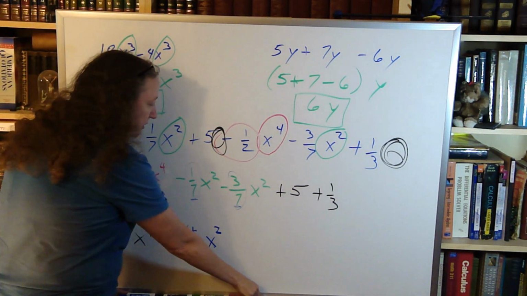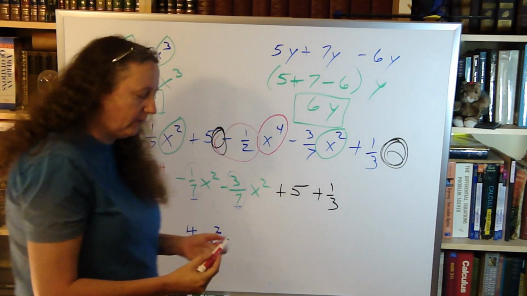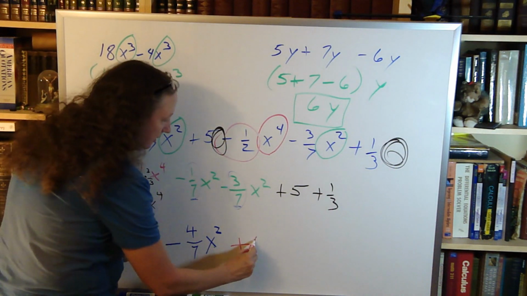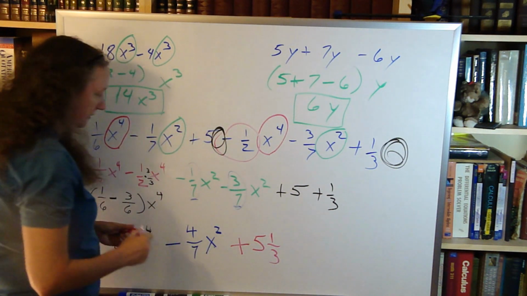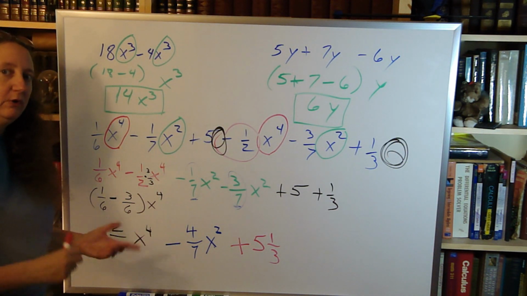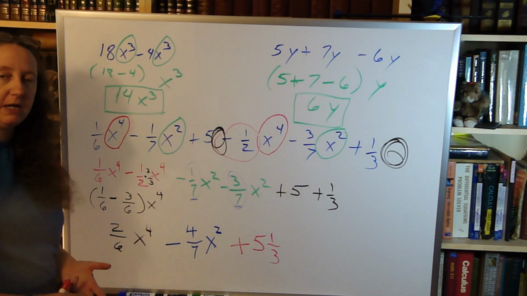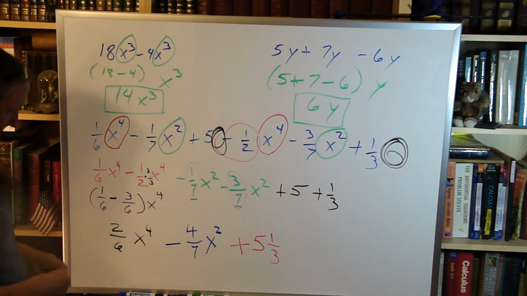Moving to the last part over here, my constants, plus 5 plus 1/3. Use your calculator if you need to. It's plus 5 and 1/3. I look at this to see, can I reduce any of the fractions? Can I clean anything up? Did I miss combining something? Okay. Reducing fractions.